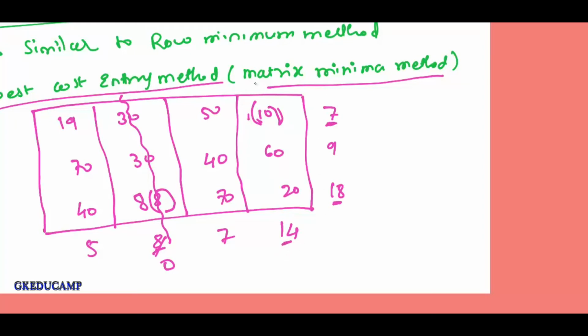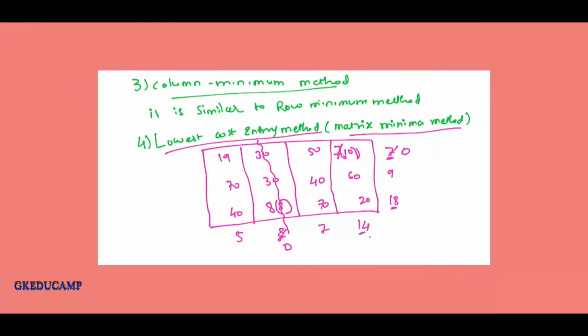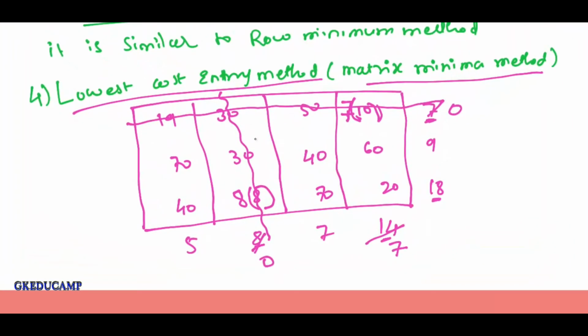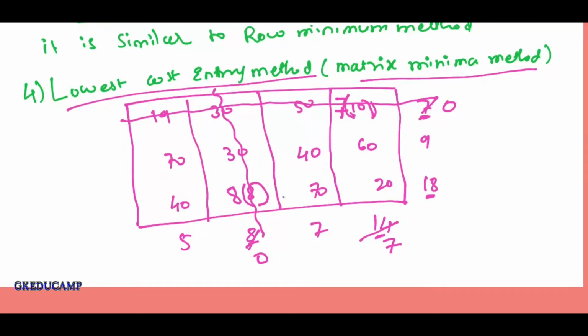Allocate 7 to the 10, 0. Here you will get remainder of 7, and you have 2 rows and 3 columns. In this minimum is 20.